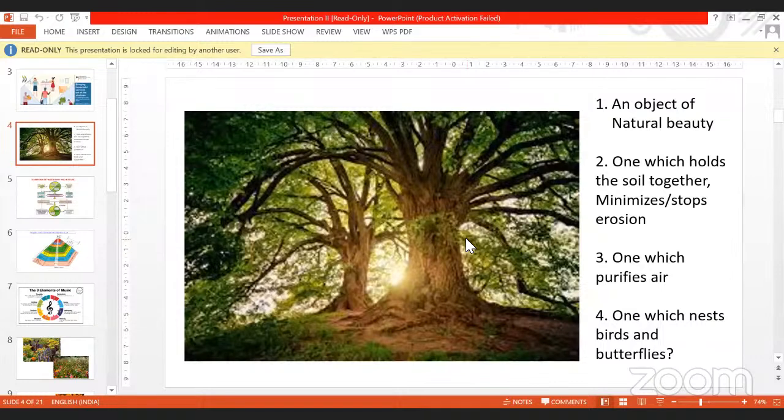Or that it purifies air? Or that it nests birds and butterflies? So from different aspects, you can view this tree. But whatever my intention, I will be looking at the tree from that very perspective.